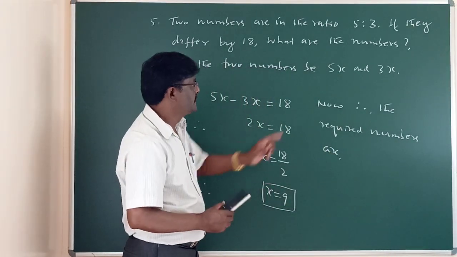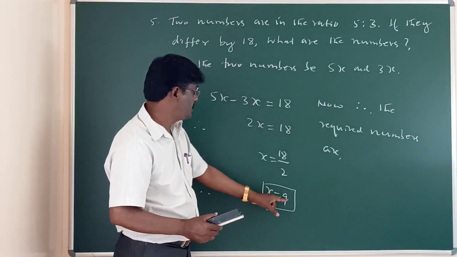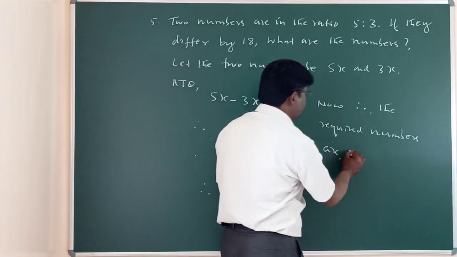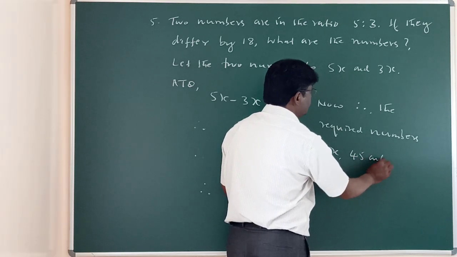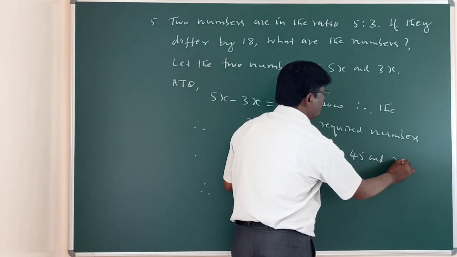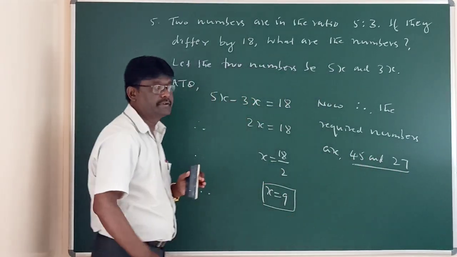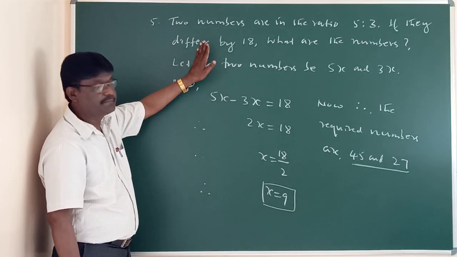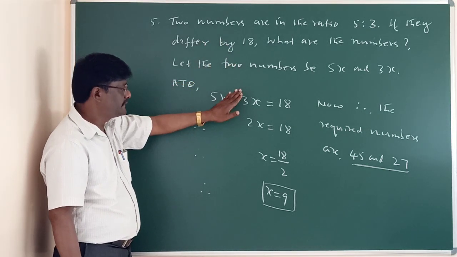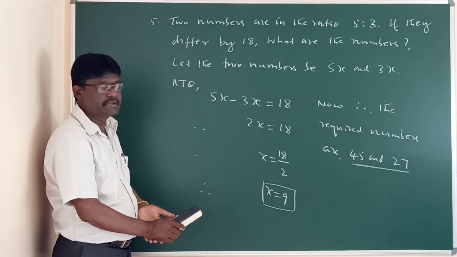Very simple. 5 times of x, since we know x: 5 9s are 45 and 3 9s are 27. So these are the two required numbers. When the ratio is given as 5:3 and they differ by 18, this is how we can get the required numbers.